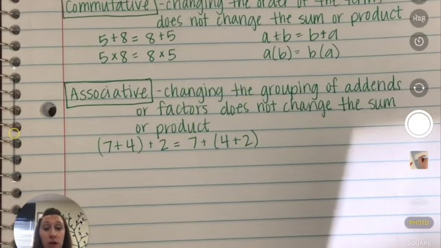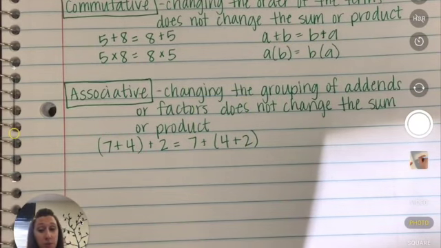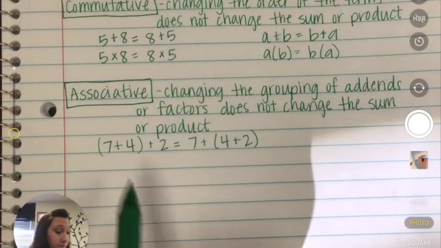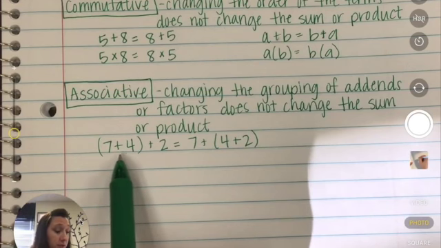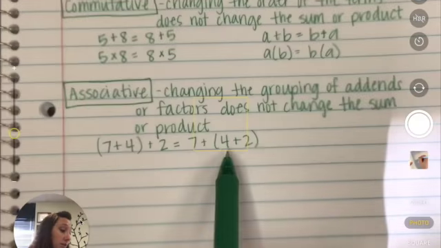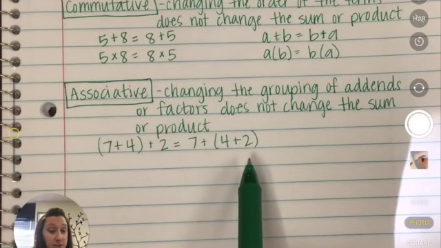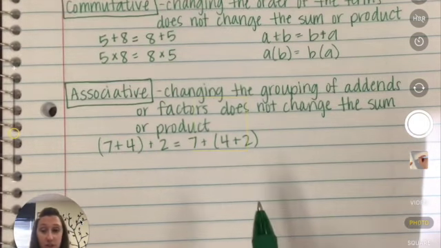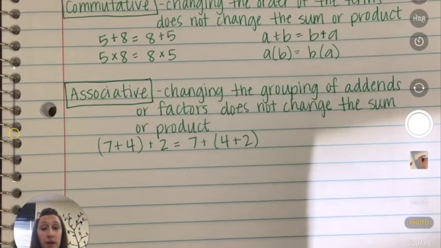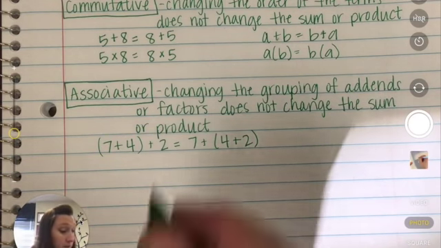So with order of operations, when we have the parentheses, we do the parentheses first, and then we drop the parentheses and do what's outside. So on the left, I would add 7 plus 4 together first to get 11, and then add 2 to get 13. On the right, I would add 4 plus 2 together first to get 6, and then add 7, and I would still get 13. So because the sum doesn't change, I have two equivalent expressions here. Okay. Same thing with multiplication.